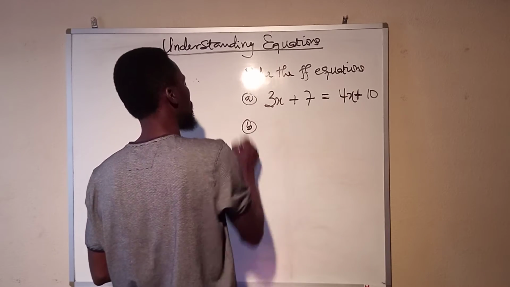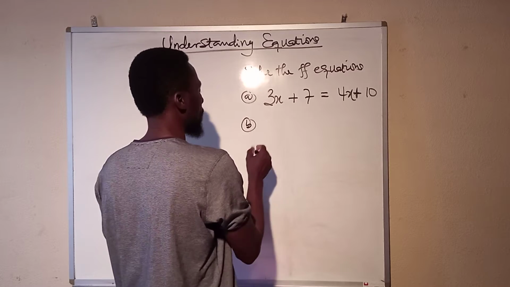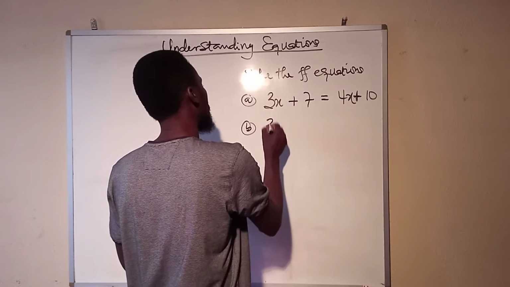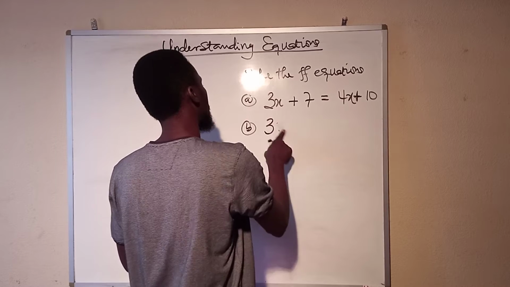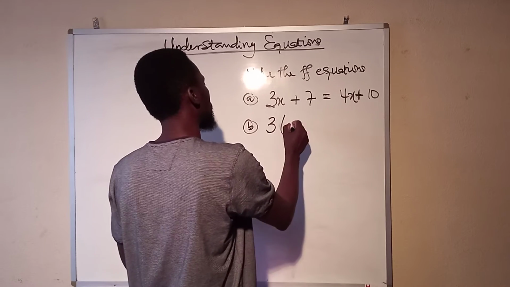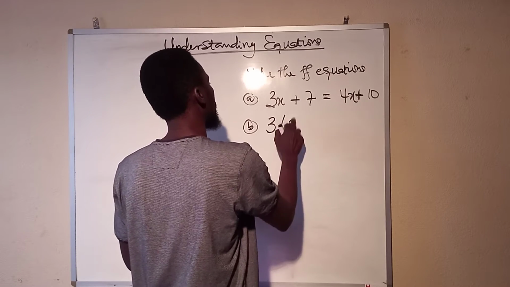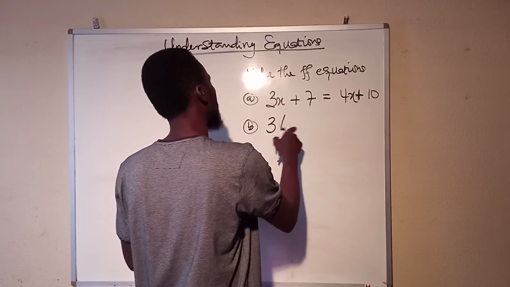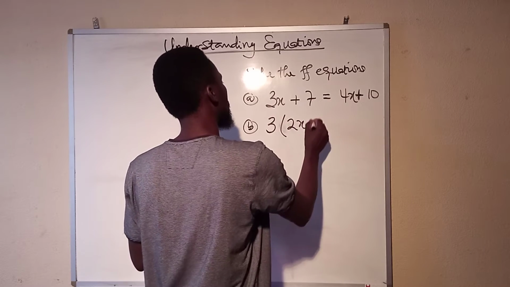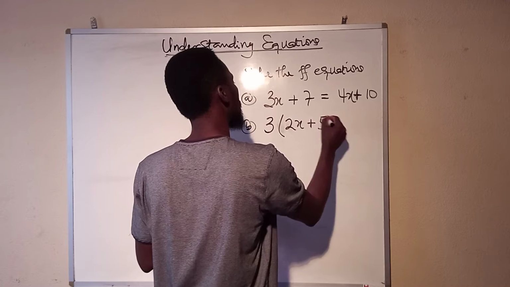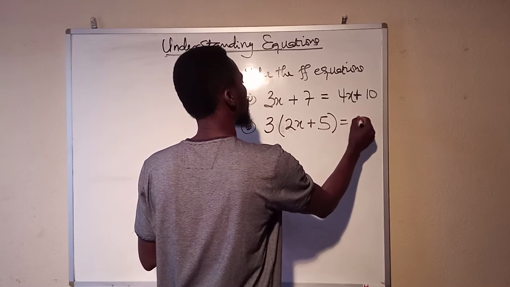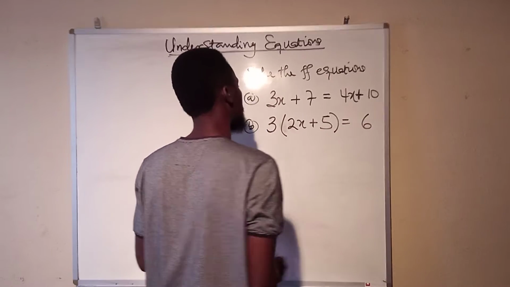Then for B, we have 3 into brackets, 2x plus 5, is equal to 6.